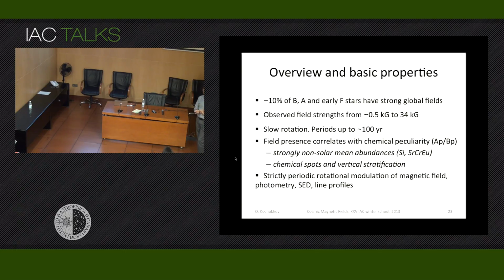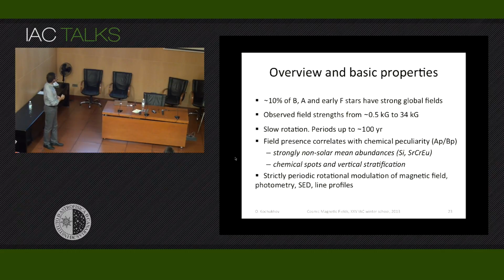So normal A-type stars rotate with periods of 2-3 days maybe, and for these stars, rotation periods of up to some decades have been measured, and for the slowest rotators we have not even seen one full cycle. So there is some extrapolation suggesting that there are a few stars rotating as slowly as 100 years.